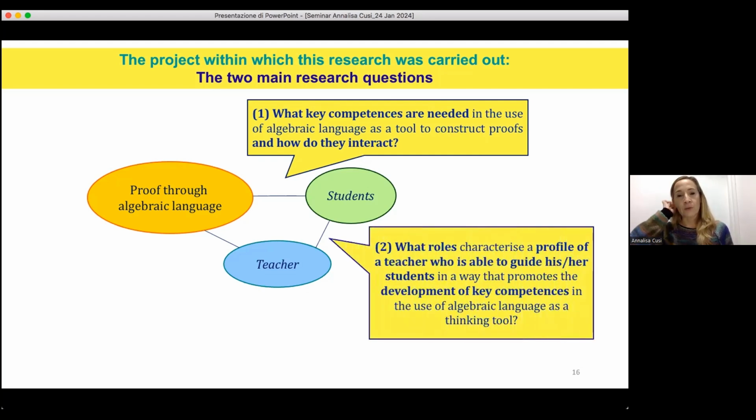Then I turned to the interaction between the teacher and the students, in particular during classroom discussions, and I investigated the roles that characterize the profile of a teacher that is effective in guiding students to develop this kind of competencies.